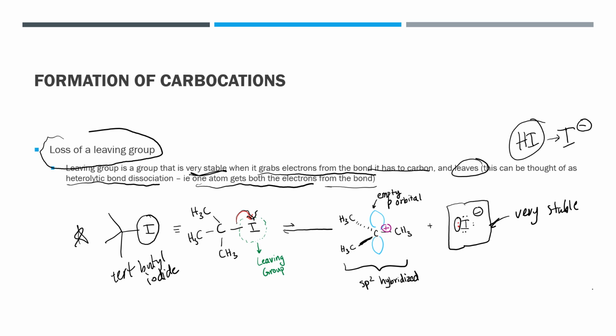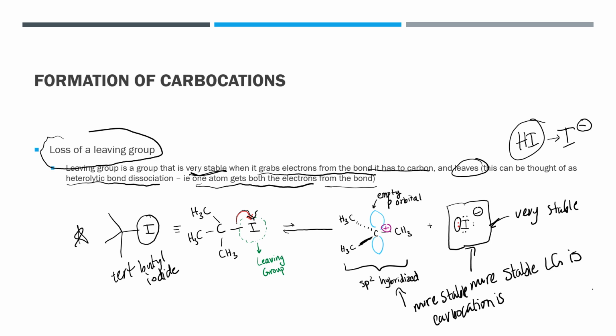One thing I want to mention is that the better the leaving group, the more stable the leaving group is, and the more stable the carbocation is, the more this reaction is going to occur.